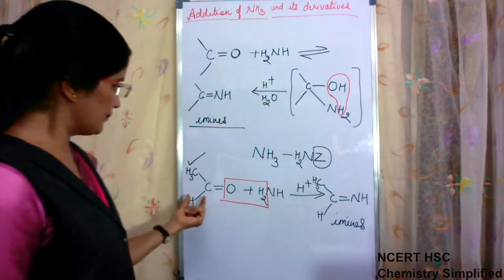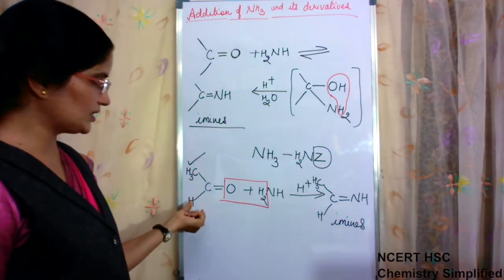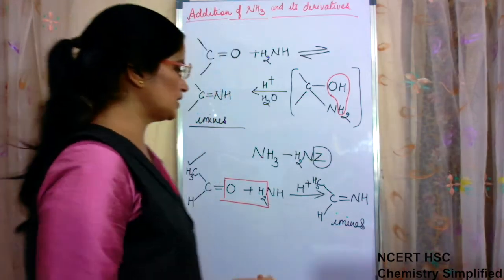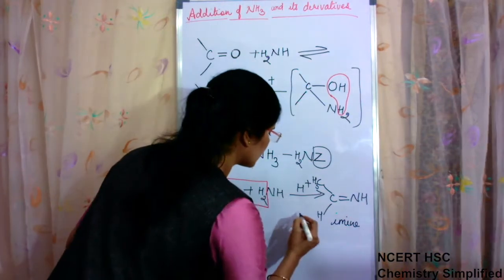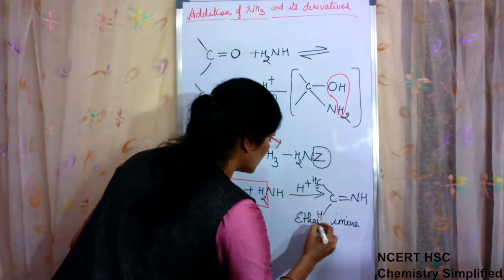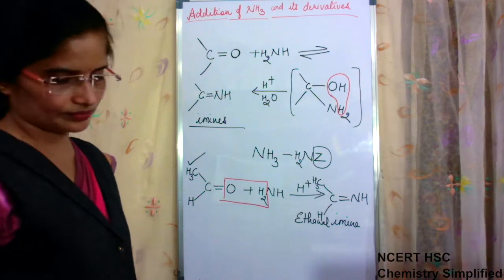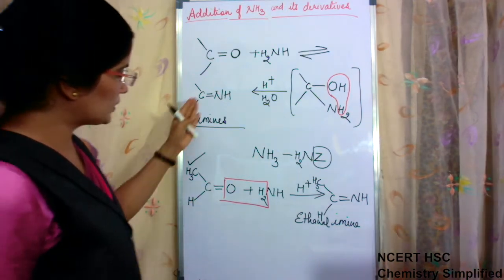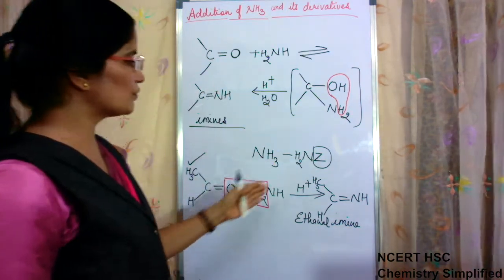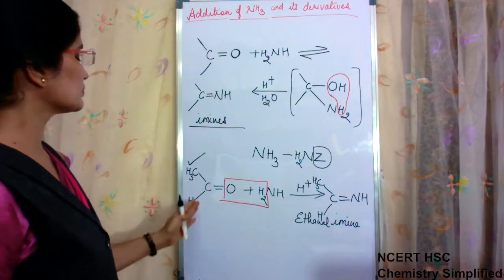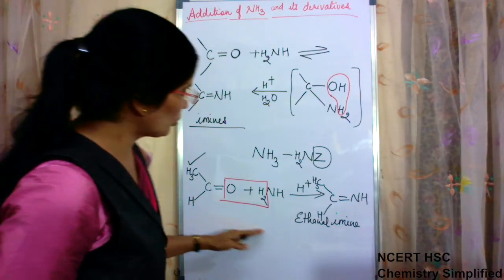CH3CH is actually derived from aldehyde, that is ethanal. So the name will become ethanal imine. Now the further reactions which we are going to do with the derivatives of ammonia, we will follow only one.